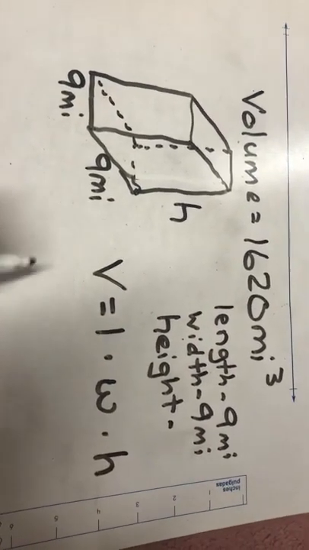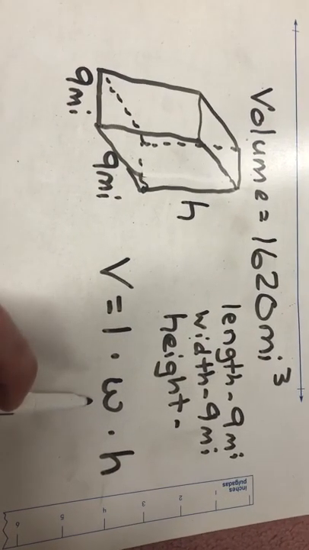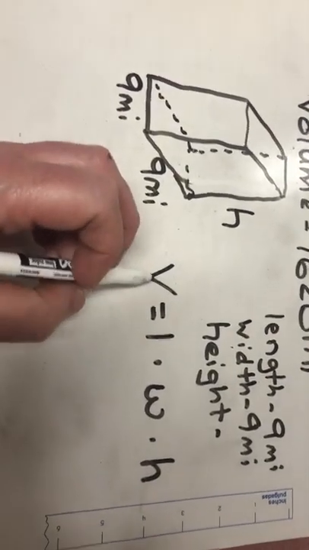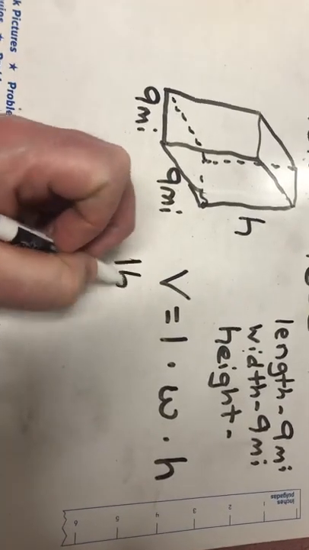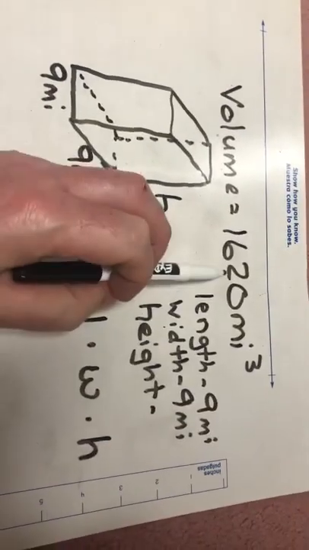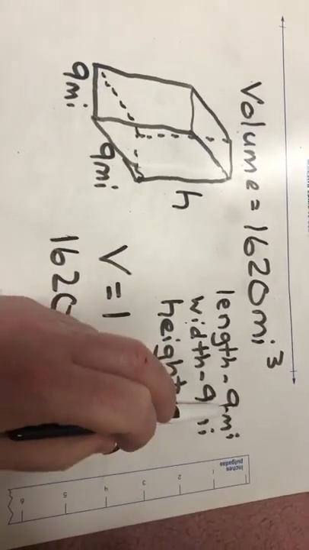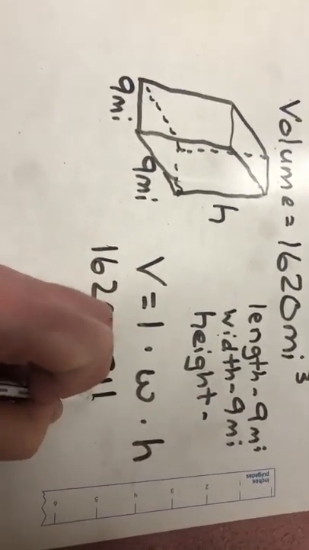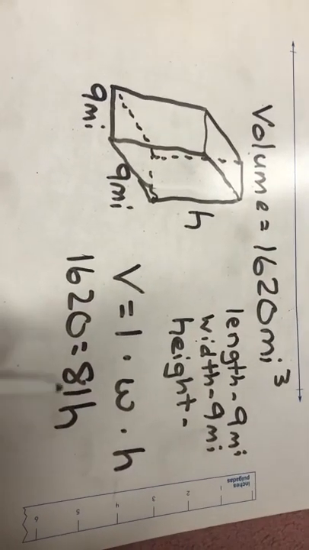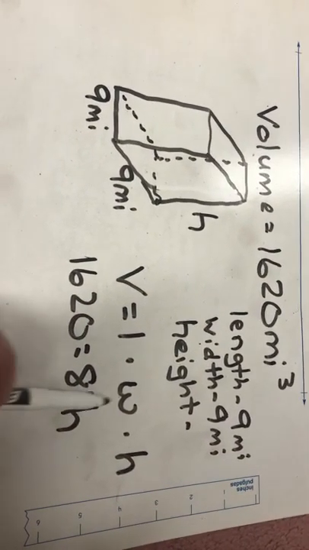Okay? So basically, since my length times width is 81, I essentially end up with 1,620, which is my volume, equals 81, which is my 9 times 9, times my height. And this is the process we would go through.